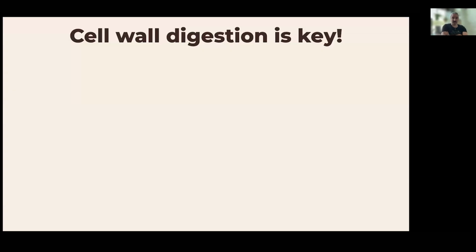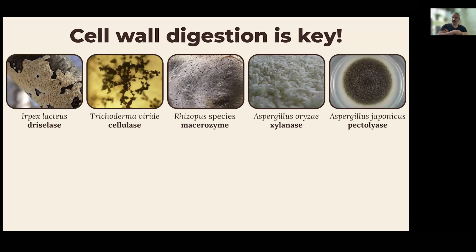So the important thing for this technology, as I mentioned before, is to digest the cell wall. We have optimized this protocol for Arabidopsis, but it is quite possible that for other plant cells, you will need to optimize a different digestion protocol. What we actually hit upon is to just use nature, because nature has already figured out how to get rid of plant cell walls. There are all these different fungi.